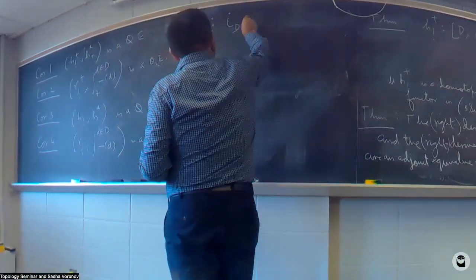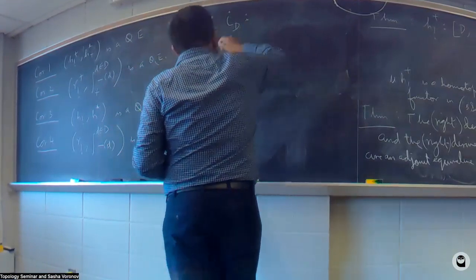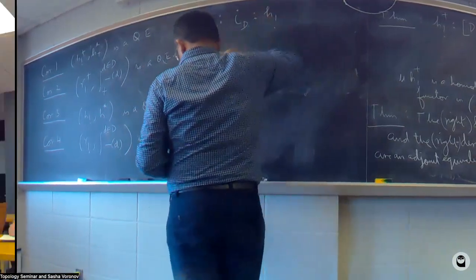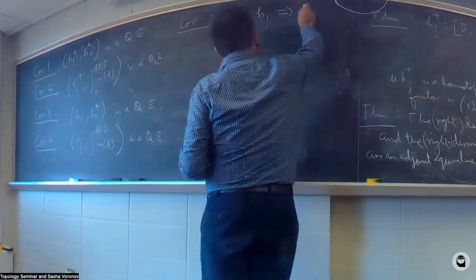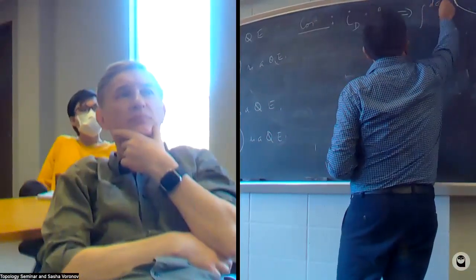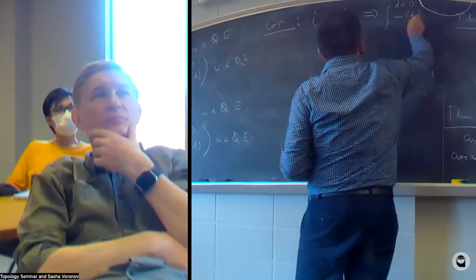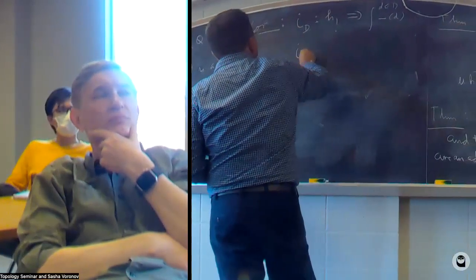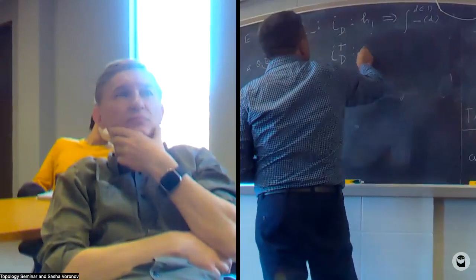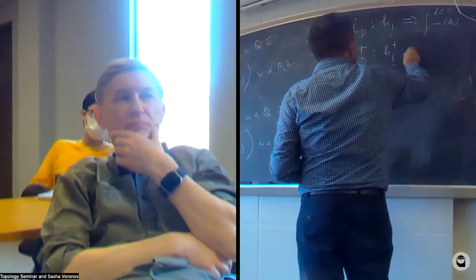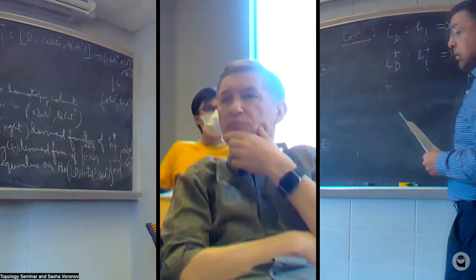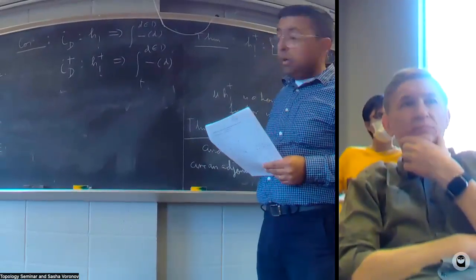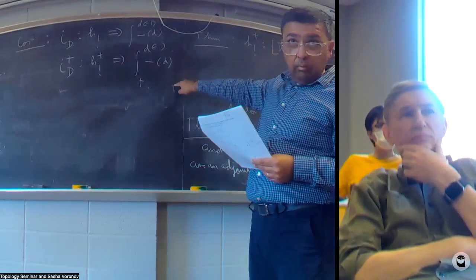You call it ID within the natural weak components between, and ID plus. Both of these are natural weak equivalences.